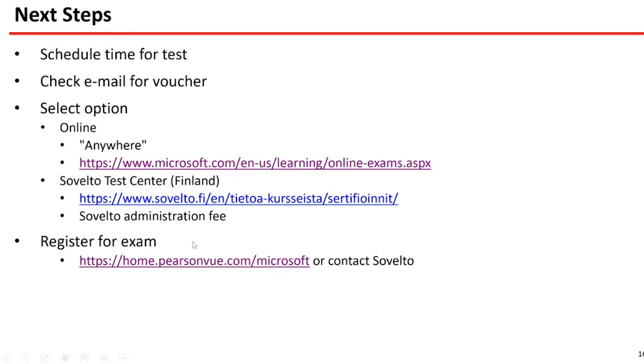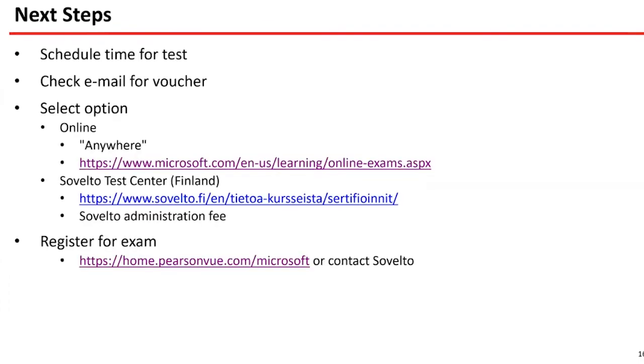And this is something that you should do straight away, because of this virus situation, there are a lot of test takers online. Microsoft and the exam company which are holding these online tests are increasing the capacity of these online proctors.